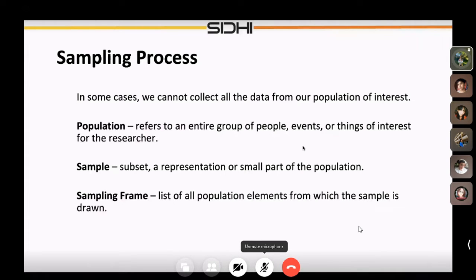So there are three key terms here. The first term is the population. It refers to the entire group of people, events, or things of interest for the researcher. As I was saying a while ago, we're trying to find a treatment for a fungal disease in the banana plant. So the entire population that we have is all banana plants in all of the world, let's say, or in all of the Philippines.